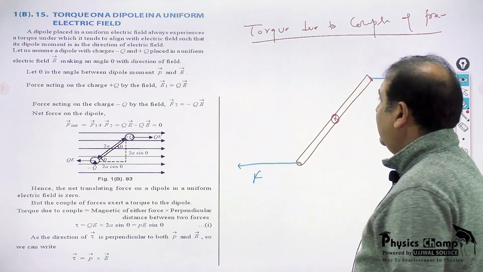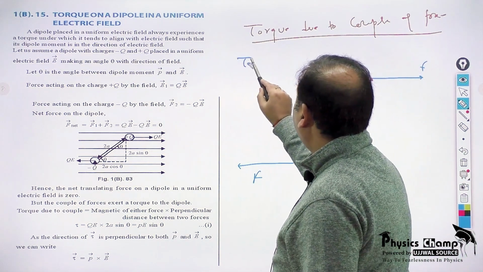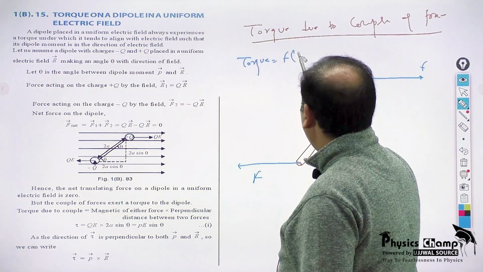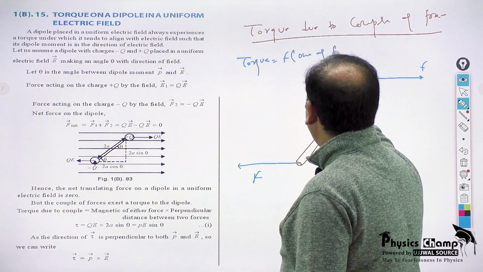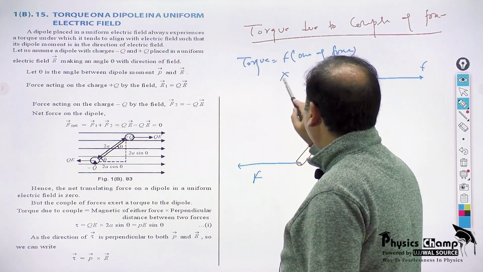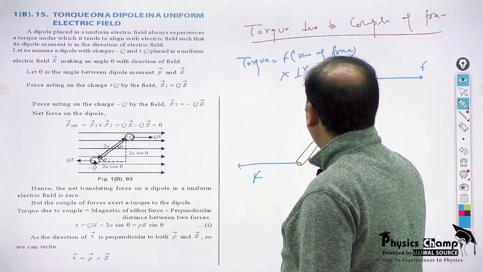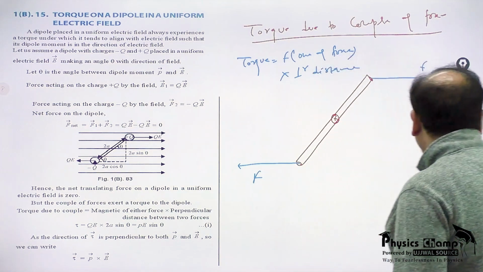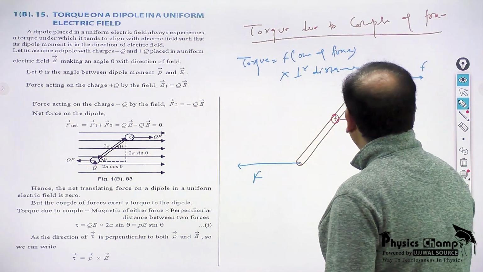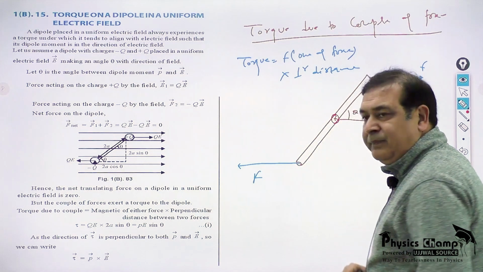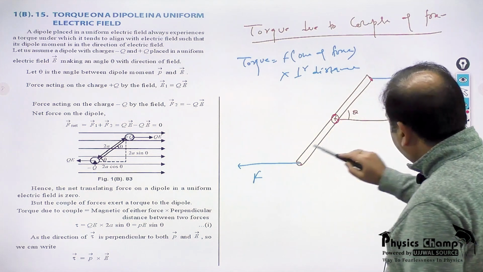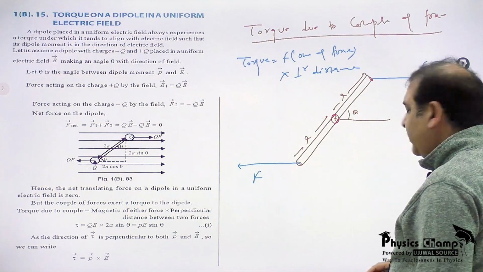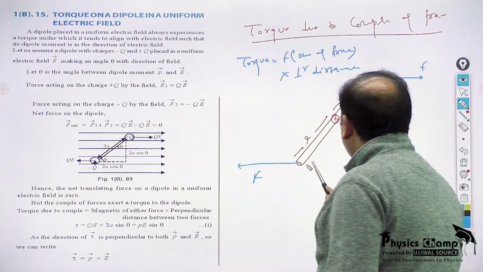In that case, the formula for the torque will be one of the force, because both forces are same, into perpendicular distance. So that perpendicular distance, if this is making an angle theta here, and this is say L, and this is also L. So what is the perpendicular distance between the two forces?